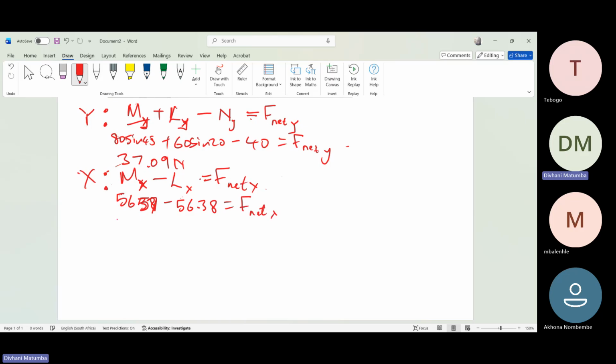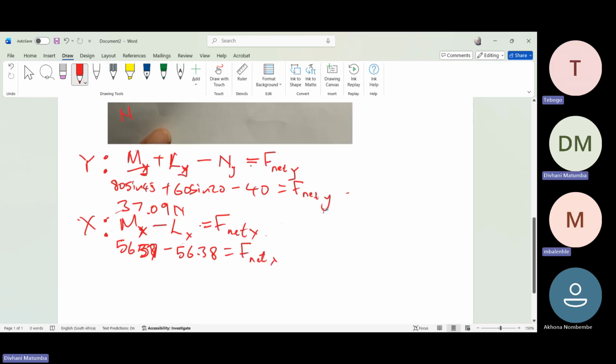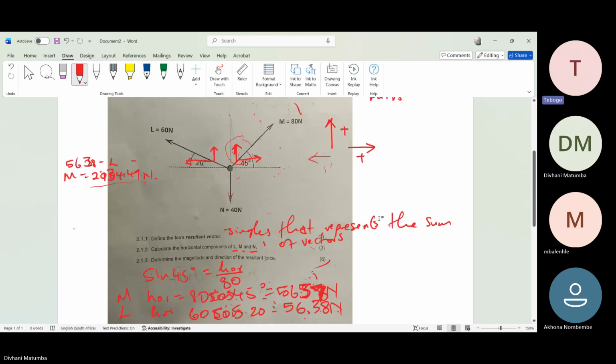So what is your answer? 56? Did you not minus Mx minus Lx, or did you add them? Why did you add them? I don't know, but we are looking for the net horizontal force, right? Yes.